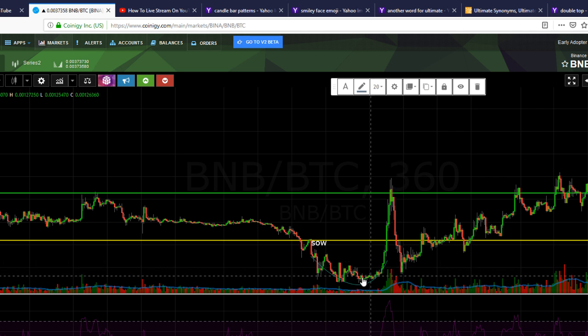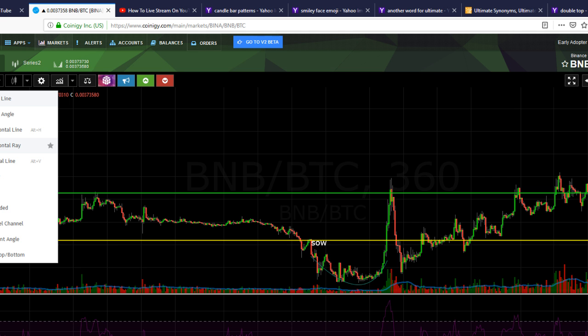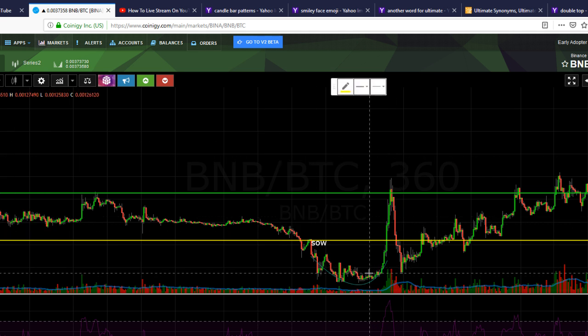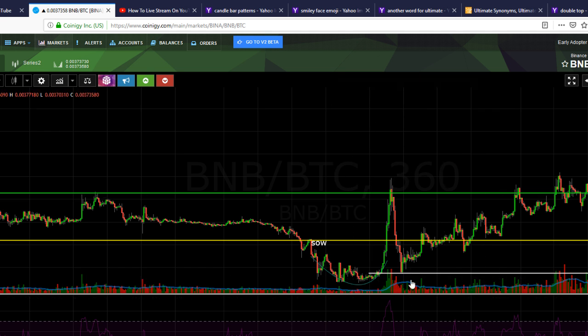So now, this area right here, we put the line here. Let me see. So this line right here, I'll make this line white, is now a good support zone for this coin or stock anytime it comes down here.